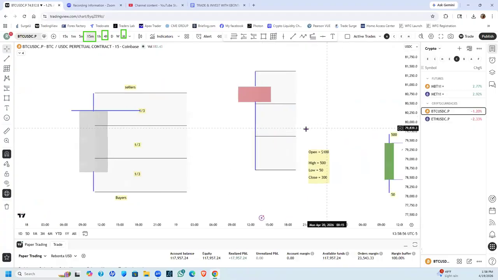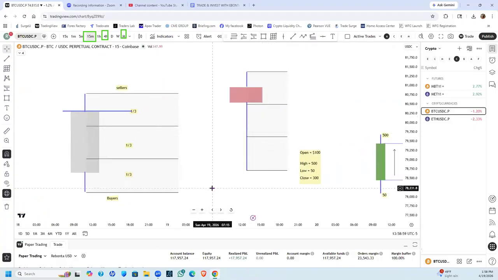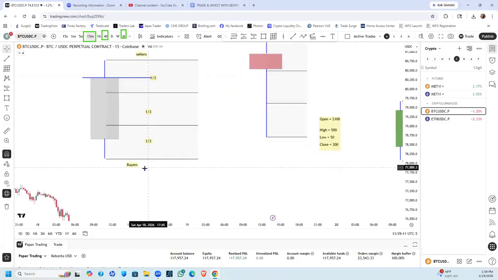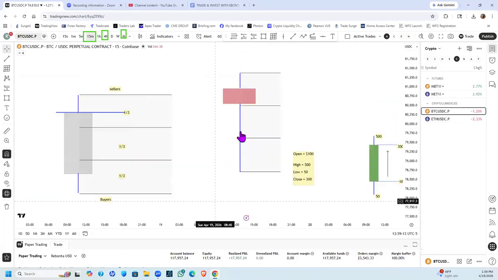I hope that this is able to throw some more light and improve somebody's understanding of candle structures and candle sentiment. So if we say the market is bullish, it is as a result of this because the buyers are bulls. If we say market is bullish, we're saying so because the price is in the upper third.